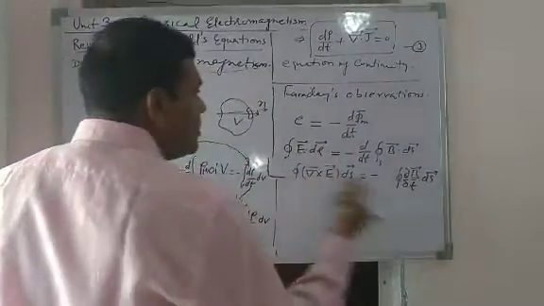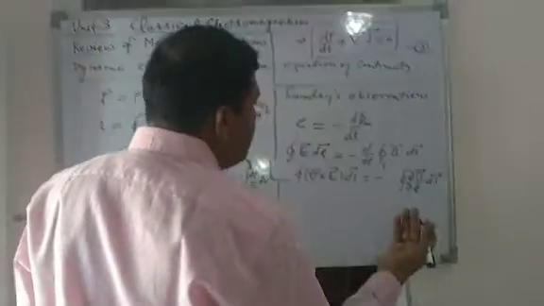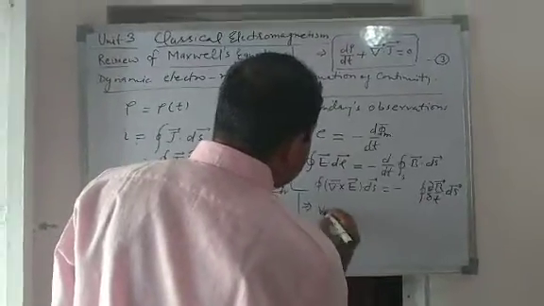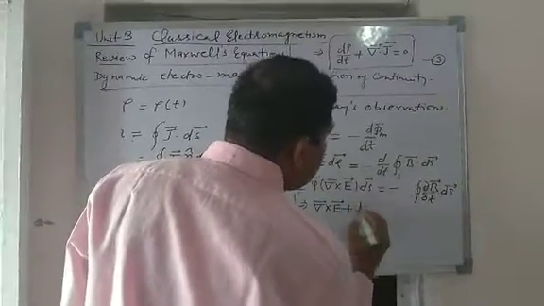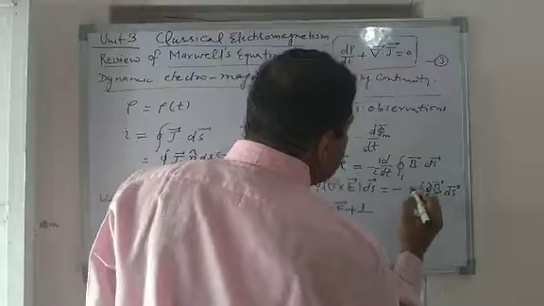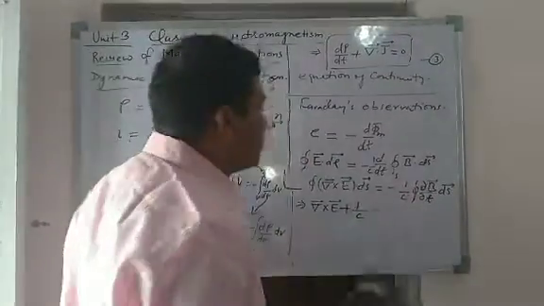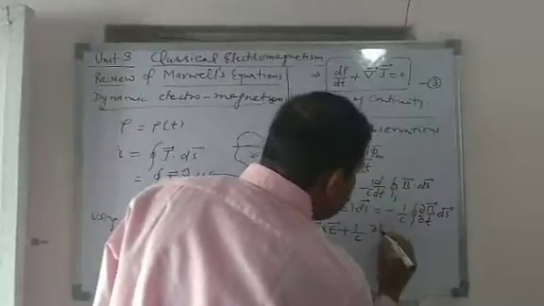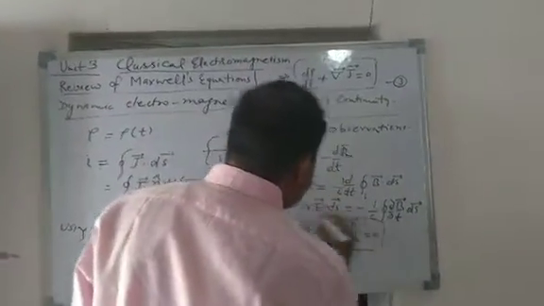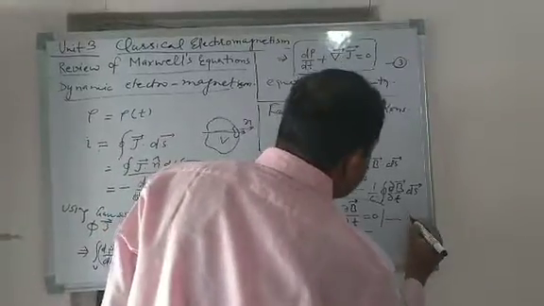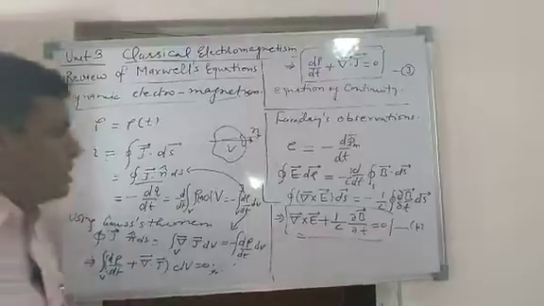Because the area is non-zero, this implies that del cross E, in fact there should be a factor of 1 over c as well because we are working in Gaussian units, so del cross E plus 1 over c del B by del t should be 0. This is Faraday's law.